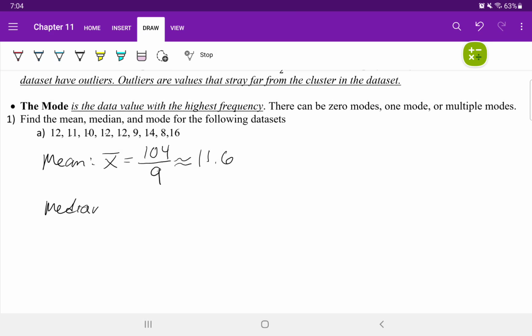The median is the middle value of the data set when the data is in order from smallest to largest. So putting it in order is going to be 8, 9, 10, 11, 3 12s, 14, and 16. That's 9 values. And then we cross off from the ends to find the middle value.